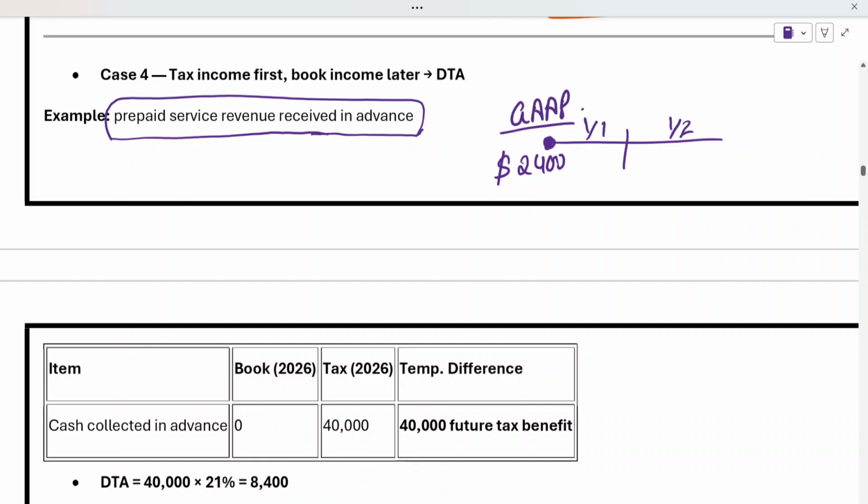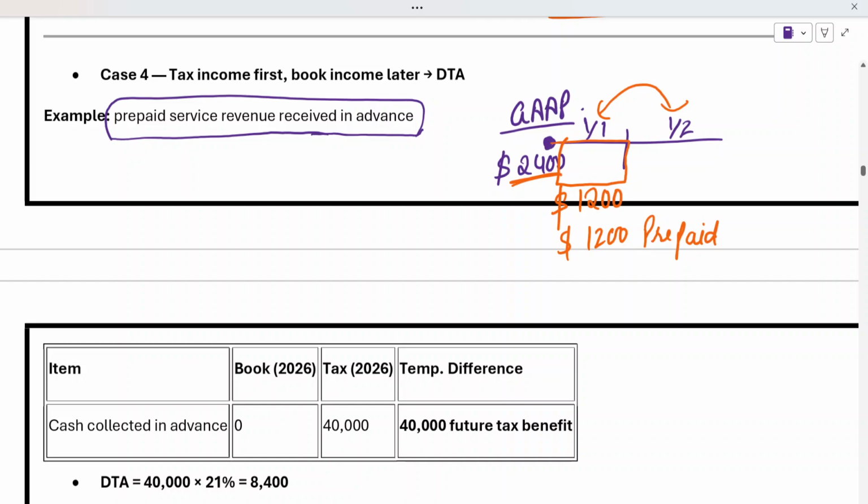Then for my accounting purpose I will record my revenue as $1,200 as rent only, and the remaining $1,200 will be my prepaid rent. Why? Because this 2,400 belongs to both the years, right?